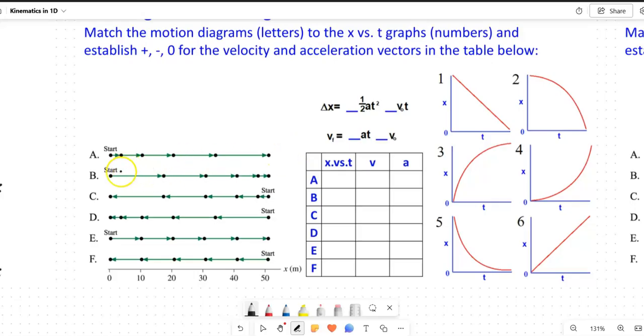Let's do one on our own. Let's do B. Okay. So B, you could start off with the position versus time graph, or since I want to know what B is, it's moving to the right with a positive initial velocity, and its final velocity, I'm going to just call that 0.